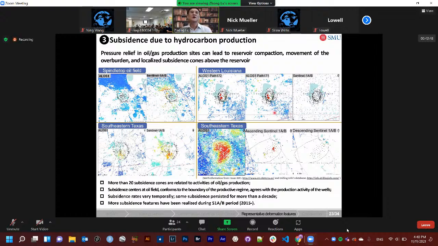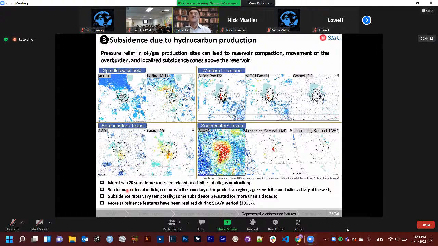because the production changes as a function of time as well. So in summary, particularly in this southeastern Texas area, you can see enormous subsidence during the 2007 period, and here subsidence reduced, based on our latest measurements. So we see more than 20 subsidence cones related with oil and gas production activity.